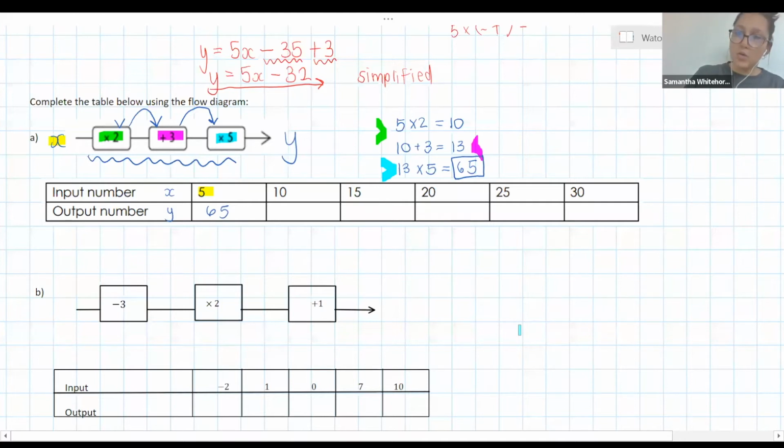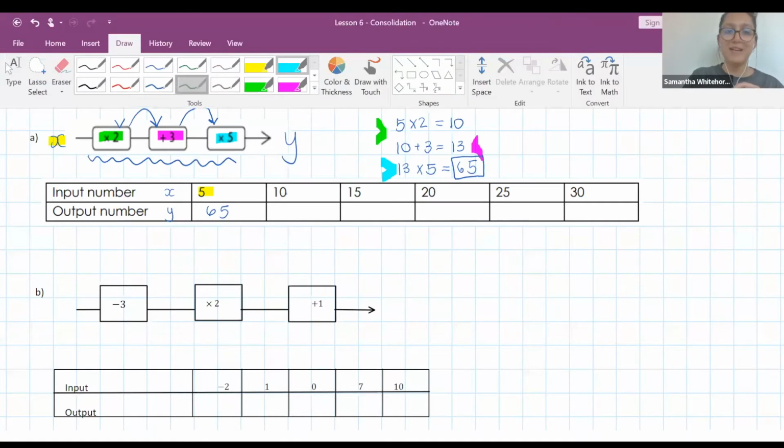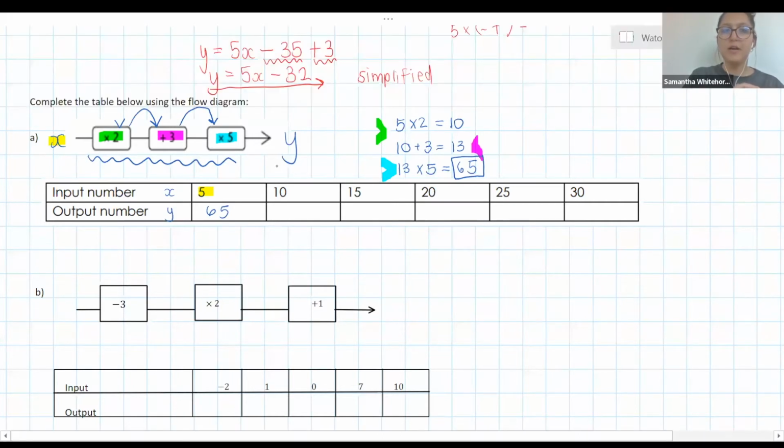By doing these operations, I'm getting my corresponding output. Alrighty, so let's see who can give me an answer for an input of 10. I'm taking 10, timesing it by 2, adding 3, and then timesing it by 5. Make sure that you are doing the operations according to your flow diagram. I'm going to give everyone a second. I do see lots of hands, but I'm going to give everyone a chance to just give it a go.